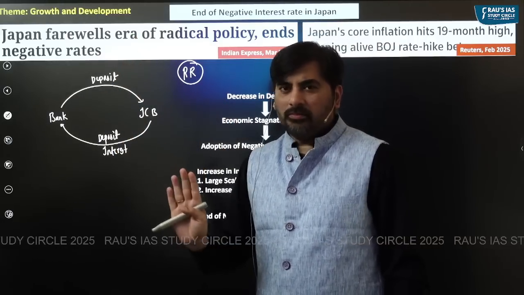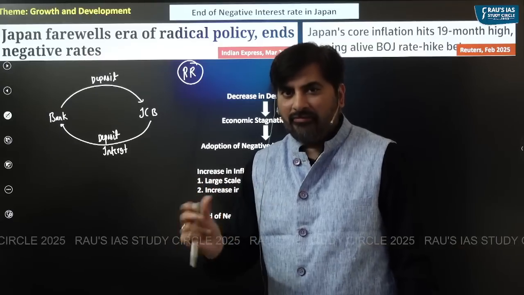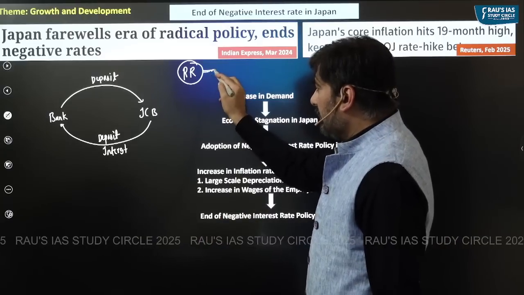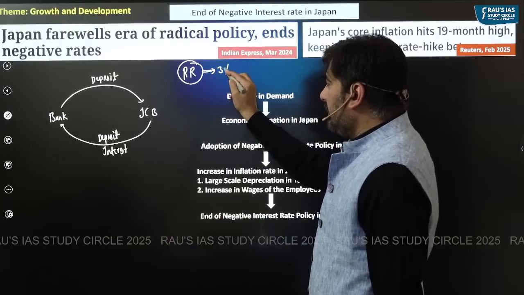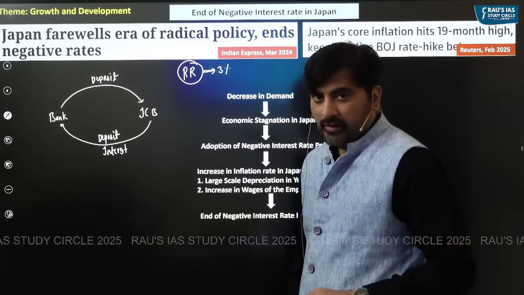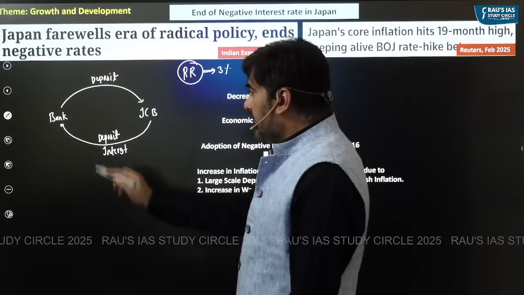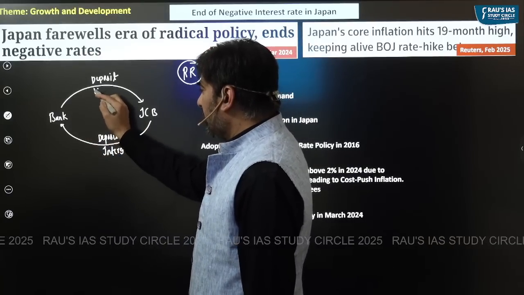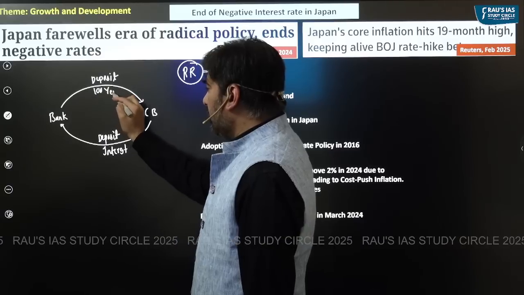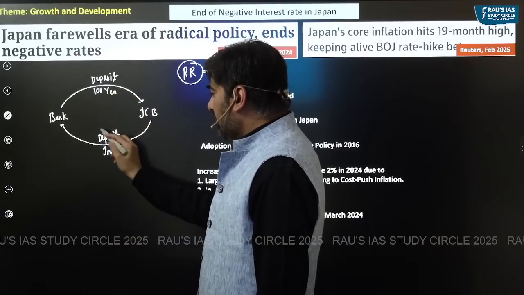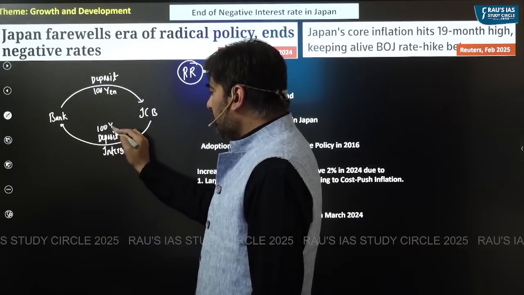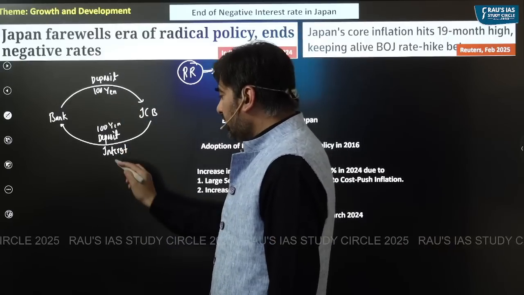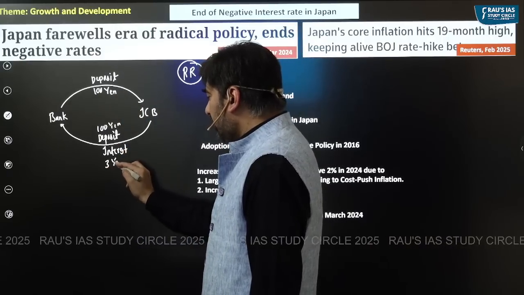Let's see it in the same manner. So let's assume, just for the sake of simplification, the reverse repo rate in Japan is equal to plus 3%. What does it mean? If a commercial bank in Japan deposits 100 yen with the Japanese central bank, it will give back this 100 yen and interest of 3% on 100 yen, which is 3 yen.